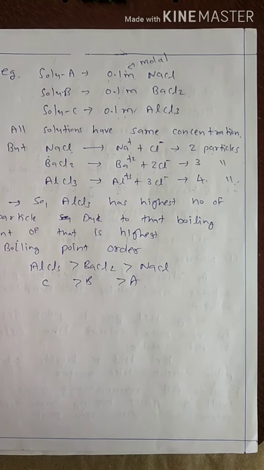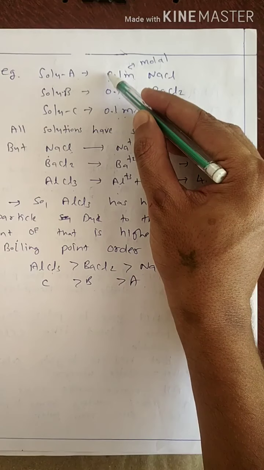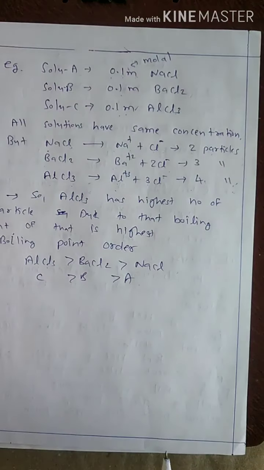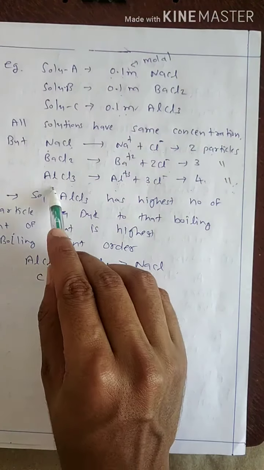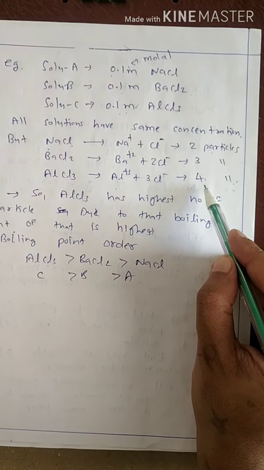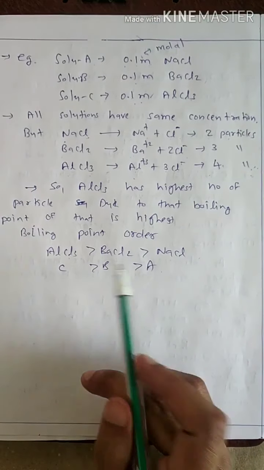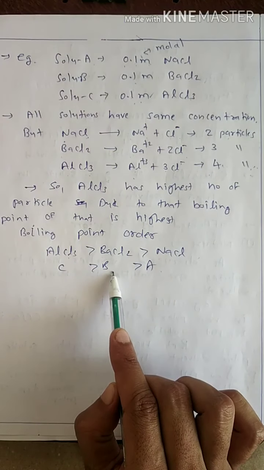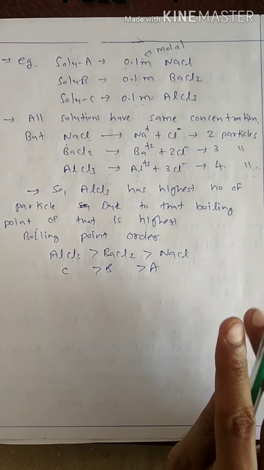What I am telling is, when concentration is the same, whichever compound dissociates into a higher number of particles will have the highest boiling point. So AlCl3 will have the highest boiling point, BaCl2 the next, and last is NaCl.